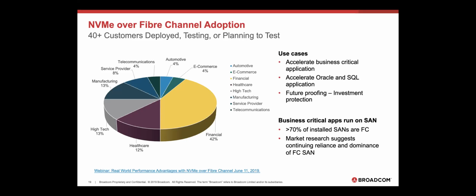You can call it machine learning or artificial intelligence, depending on how sophisticated their algorithms are and how they're architected. But all in all, what they're trying to do is get intelligence faster and often as close to real time as possible.